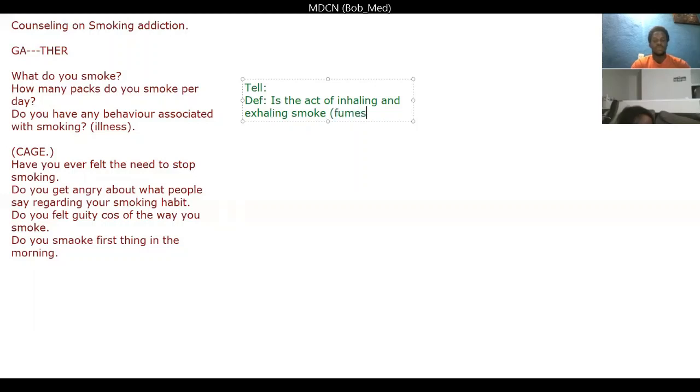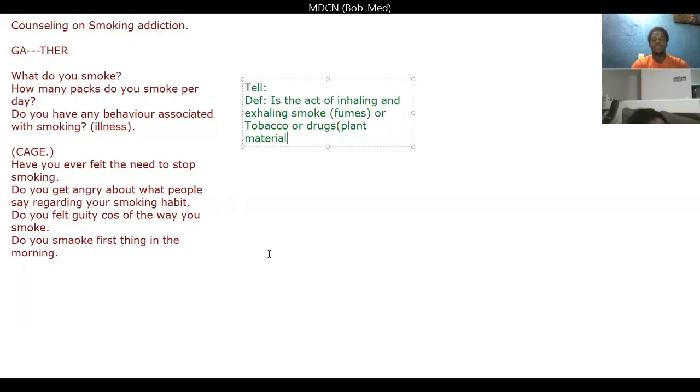It can be from plants, it can be tobacco, anyone. Fumes, or tobacco, or drugs. Drugs could be any plant material. Please take note. Okay. Plant material.